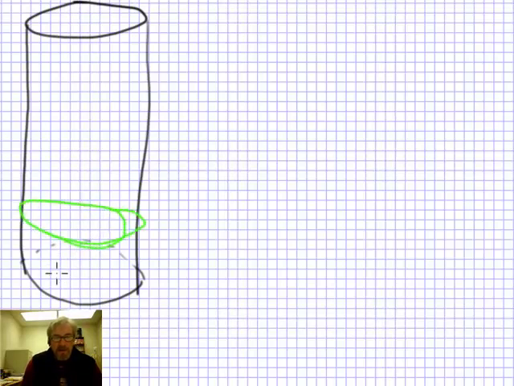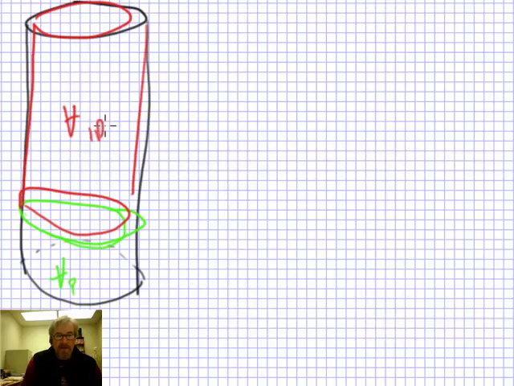I'll call this VP for particles. And then the rest of this space, this larger cylinder up here, I'll call V ideal. This contains the ideal part of the gas, the part that doesn't actually take up any space. So the total volume is going to be equal to the ideal volume plus the volume of the particles.